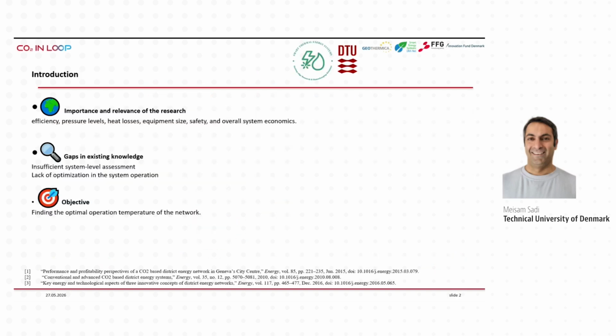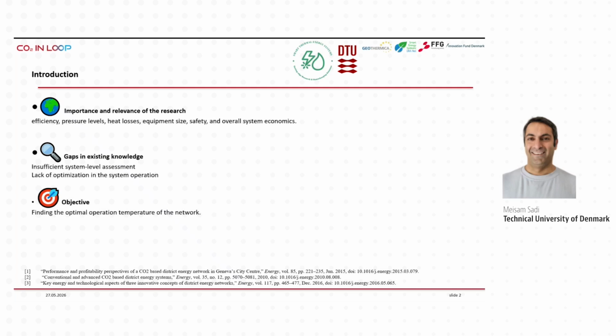At the beginning, it is good to have a short introduction to CO2-based energy systems. Determination of the temperature of the network is important because the operating temperature strongly affects efficiency, pressure levels, heat losses, equipment size, safety, and overall system economics.